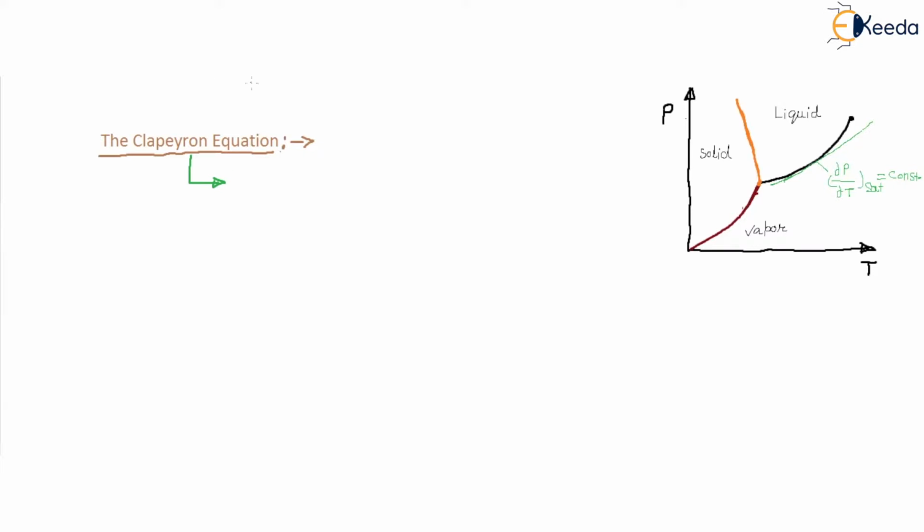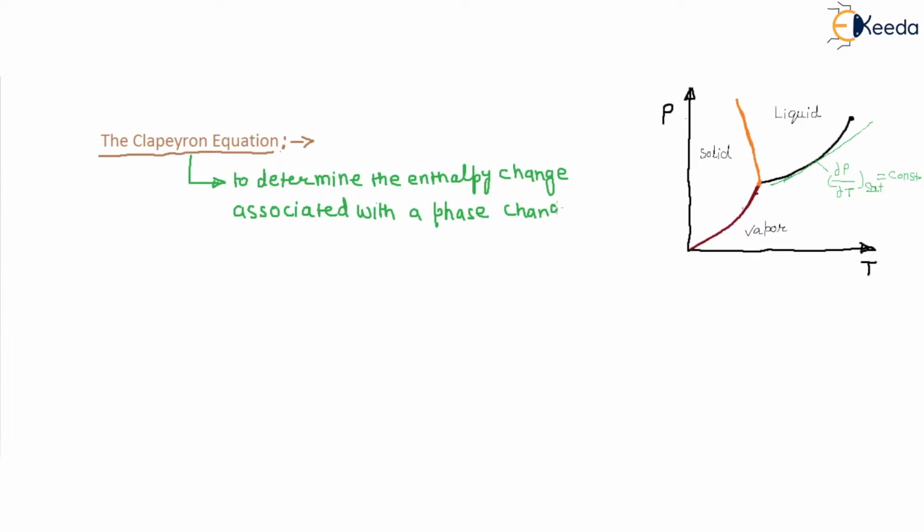The Clapeyron equation can be used to determine the enthalpy change associated with a phase change.